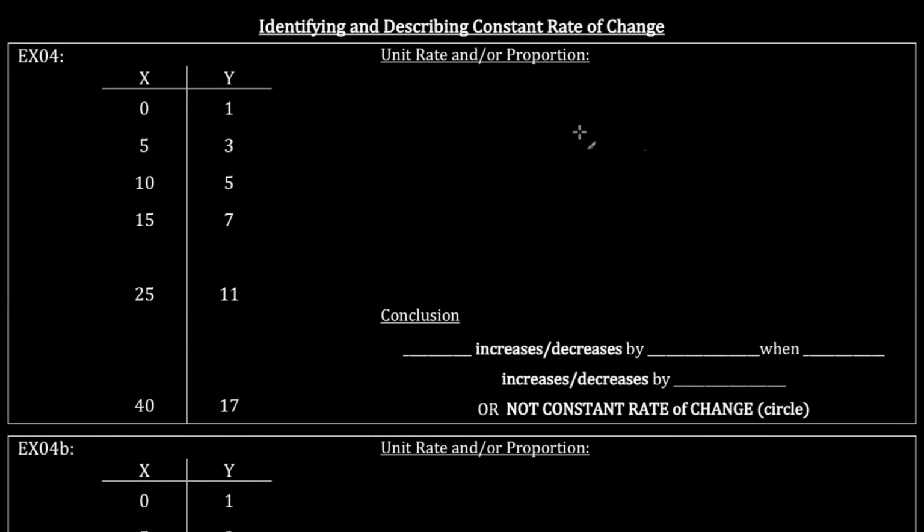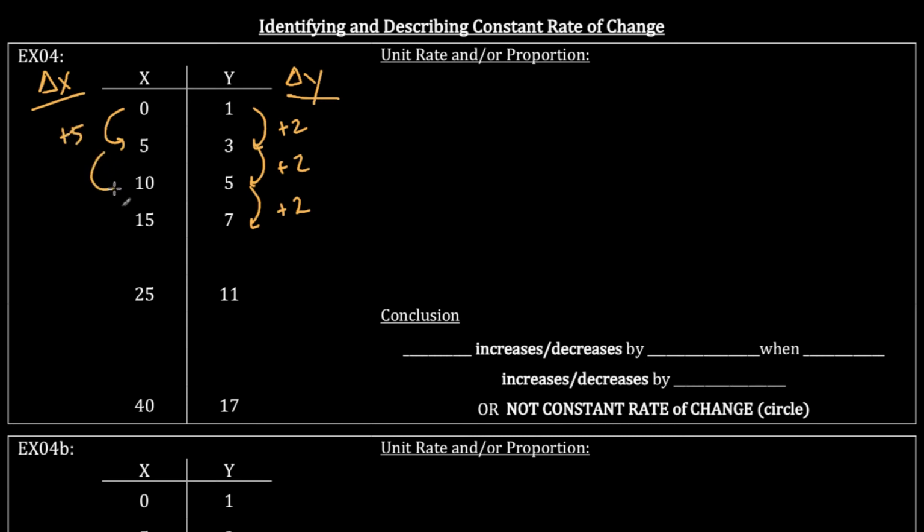Now, let's look at this. So on all of these, I want you to put the triangle Y, which means change in Y, and triangle X, change in X. So we can see that the Y is increasing by 2. It increases by 2, and it increases by 2. Every time the X increases by 5.